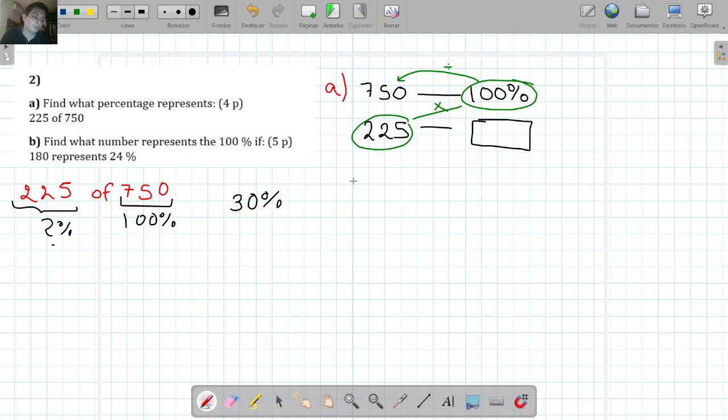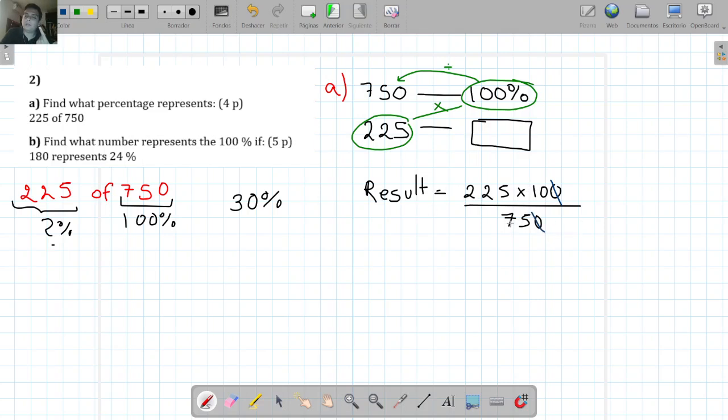What Yuvia mentioned was that if we do the same operation, we have the result as 225 times 100 divided by 750. Can I do the division? Well, my personal suggestion, let's get rid of this 0 because it's quite big.